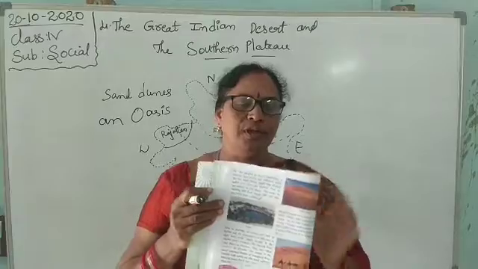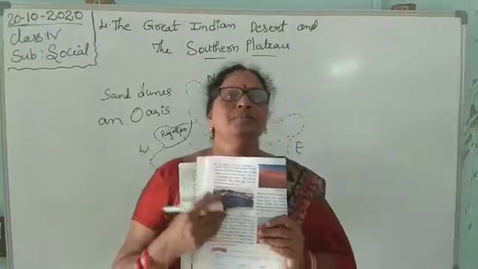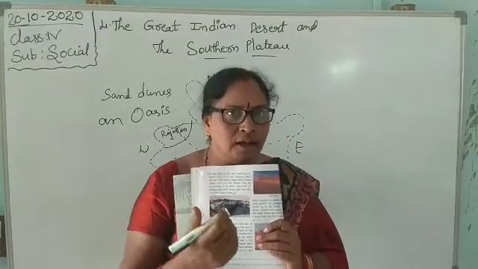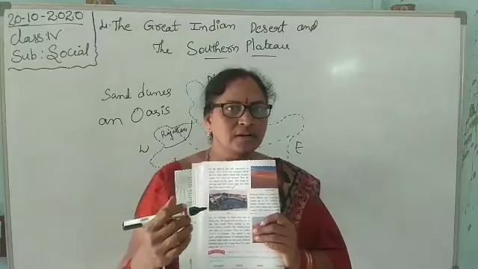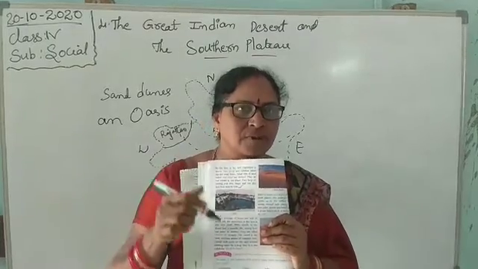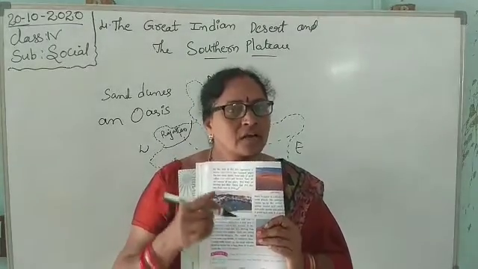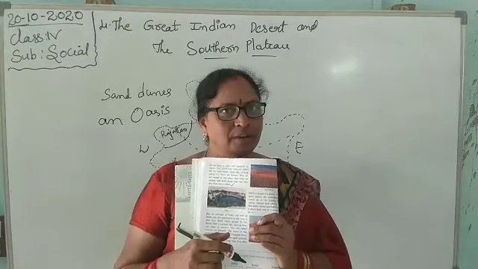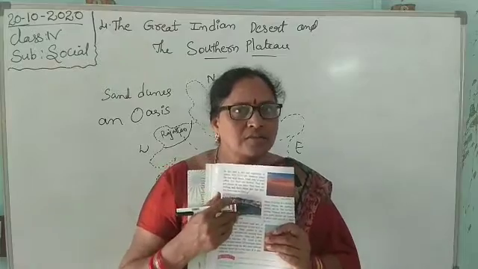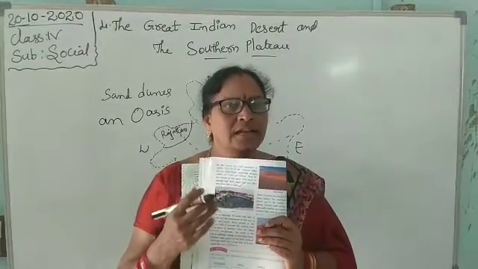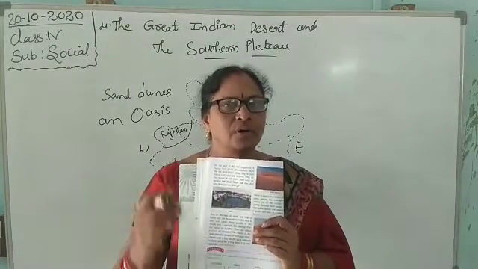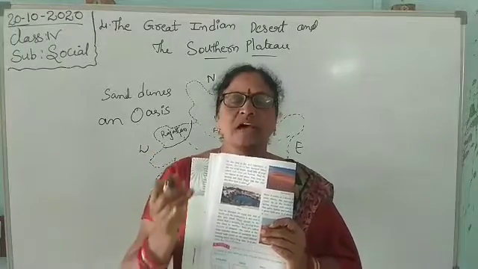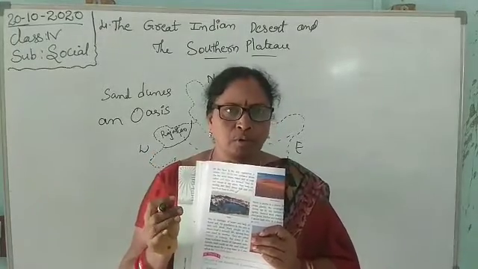Okay. Then it will grow near the water in the desert. The water will come from the earth surface through a spring. Surrounding this water, the greenery will grow like date palms, kikar and babul.